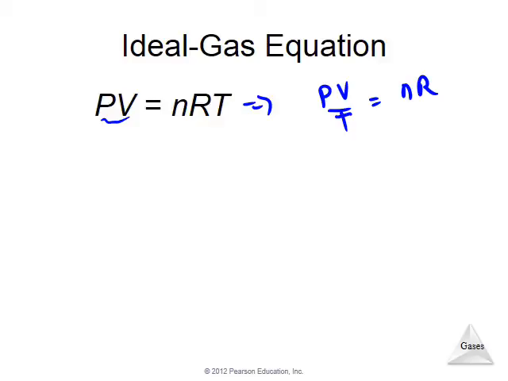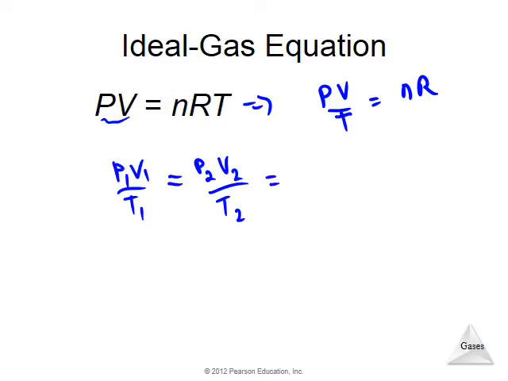Say I have two pressures, P1 and P2, so I'm going to write this expression as P1V1 over T1. V1 is the initial volume, T1 is the initial temperature in Kelvin, must be equal to second pressure times second volume over second temperature. Again, temperatures are always in Kelvin.